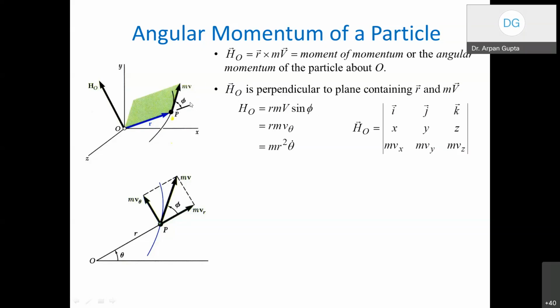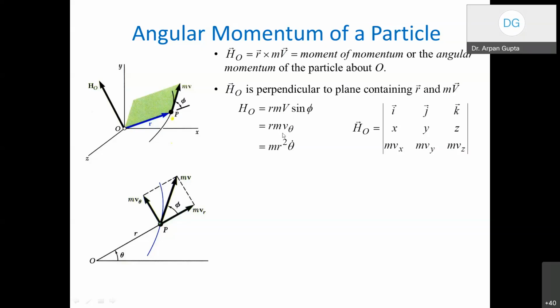v sine phi is nothing but your v theta, the velocity in the transverse or angular direction. So we can also write angular momentum as r times m v theta, where v theta is the velocity in the angular direction.